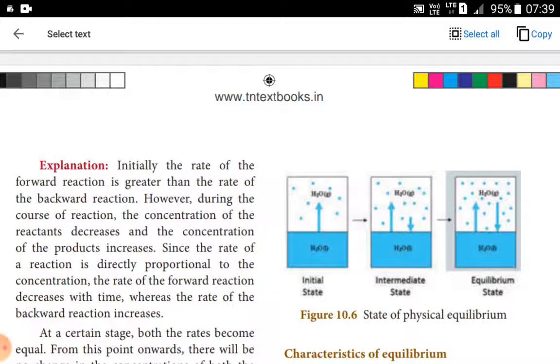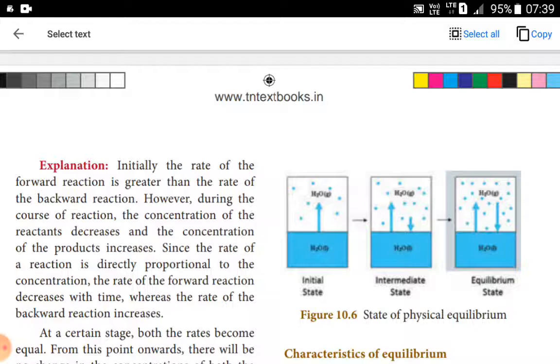than the backward reaction. However, during the course of reaction, the concentration of the reactant decreases and the concentration of the product increases. So initially the rate of forward reaction is faster, then slowly the rate of forward reaction decreases and the rate of backward reaction increases, that is, the formation of product will be more.